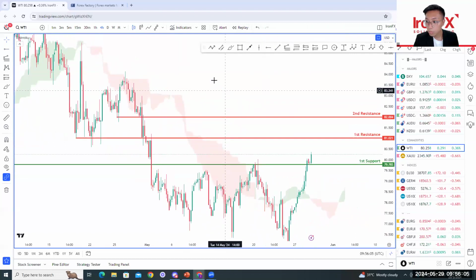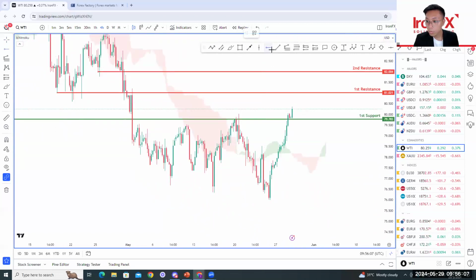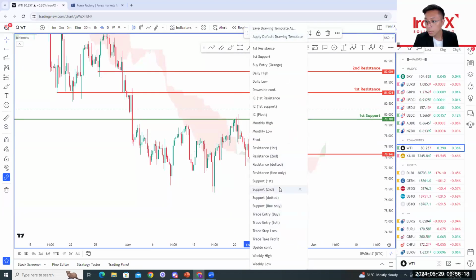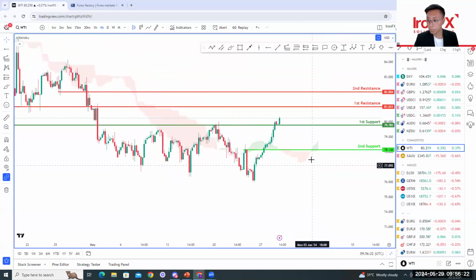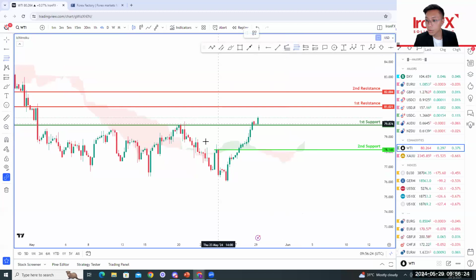Second level. Okay, support doesn't look that nice, but see here is rather far, but okay. Let's see.